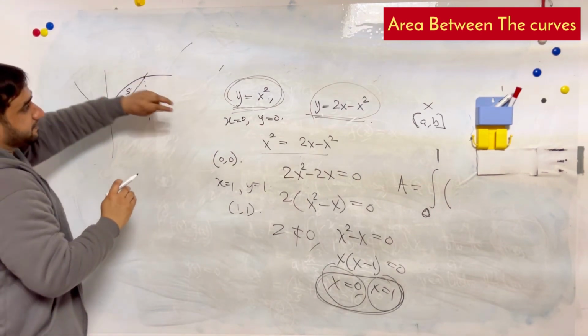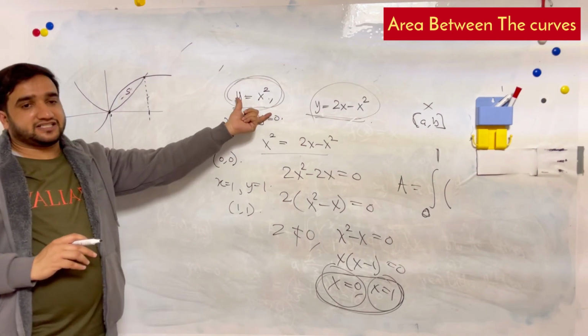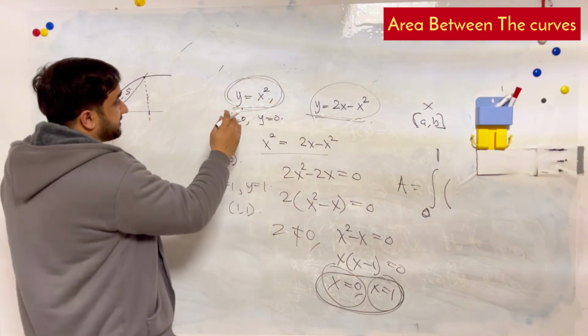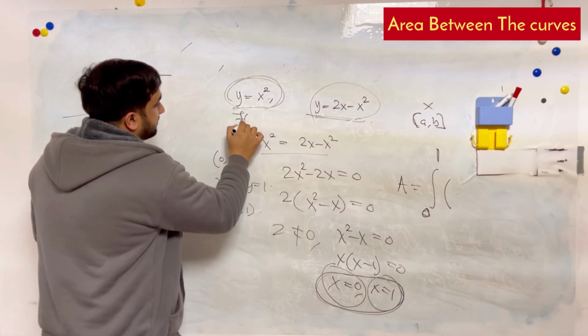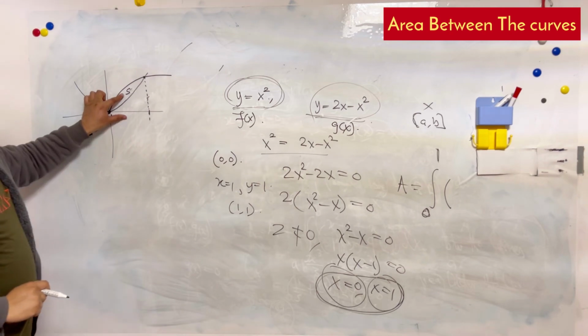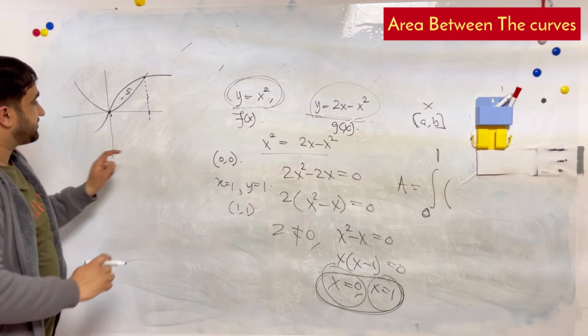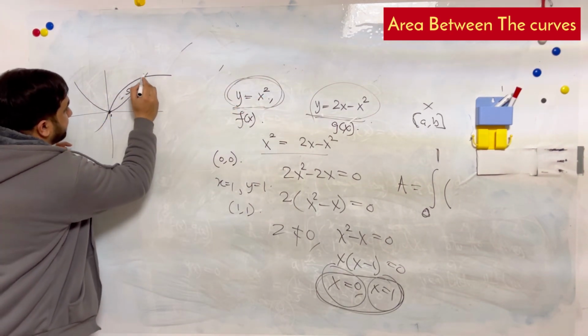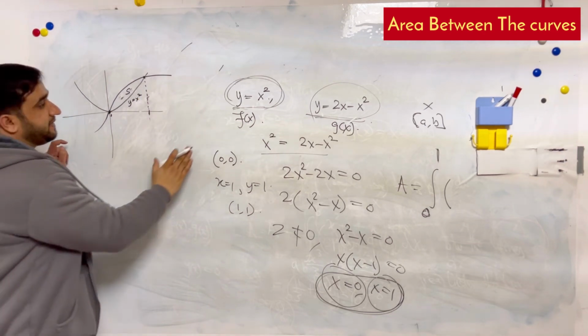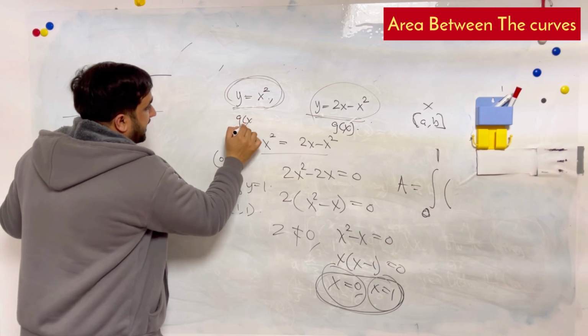Now you can see the function y is equal to x square was written first in the question statement. So in mind it appears that okay, this will be f of x and this will be g of x, but no, here the things are different. You see, y is equal to x square is coming from the bottom. It means this is the g of x as per my formula.